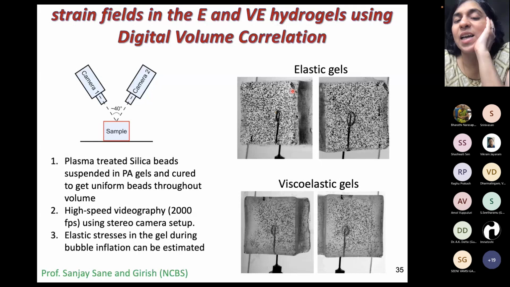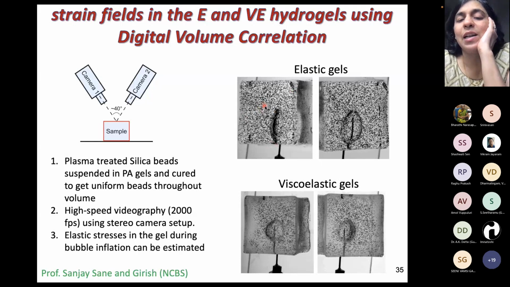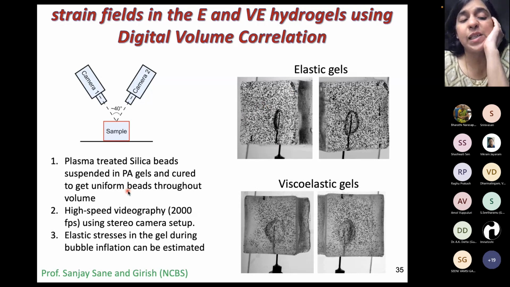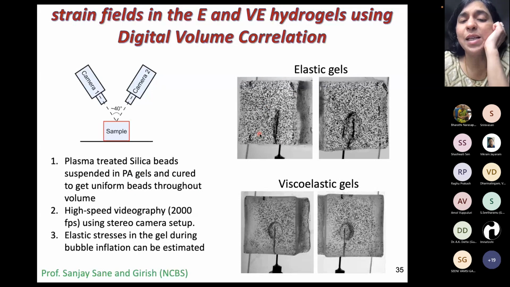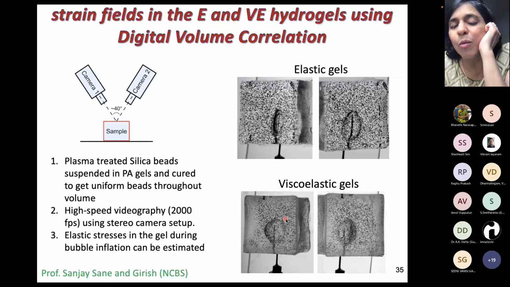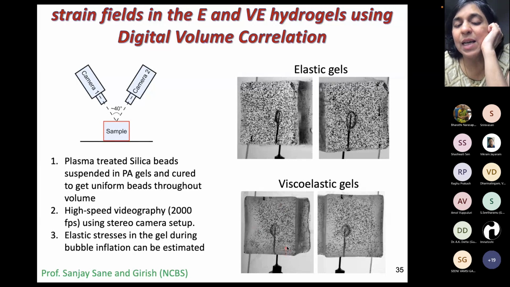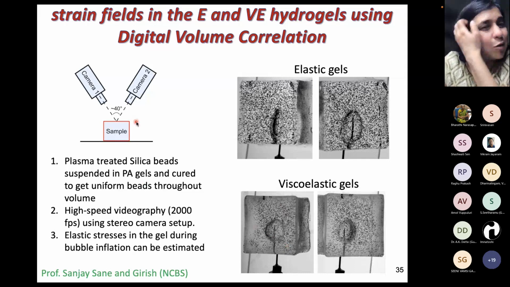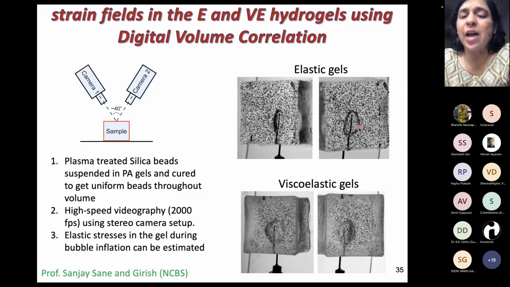And here you see these are very nice and whitish with these black dots that we've been able to smear really nicely inside the 3D volume by first plasma treating these silica beads and then curing them to get uniform beads. And here is that bead where you see that it's a little more milky as the bubble grows in the viscoelastic gels. These are two cameras which are offset by about 40 degrees, and we have synchronized their acquisition.